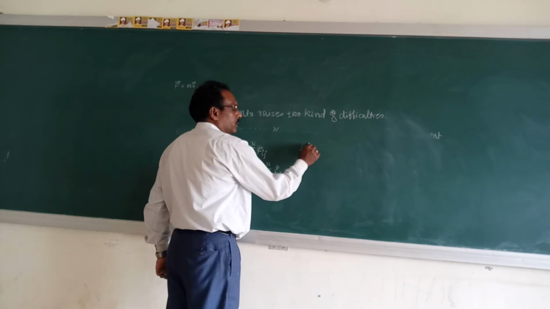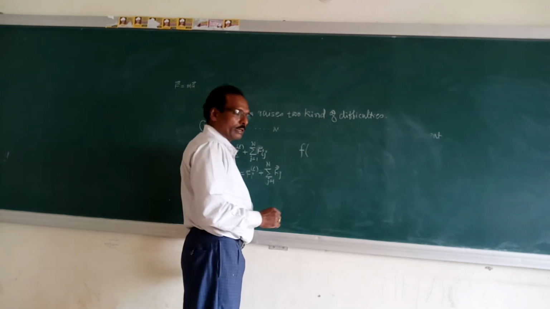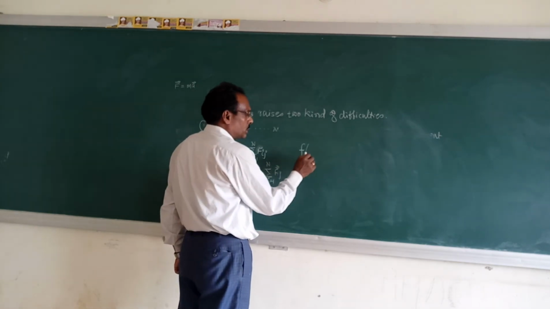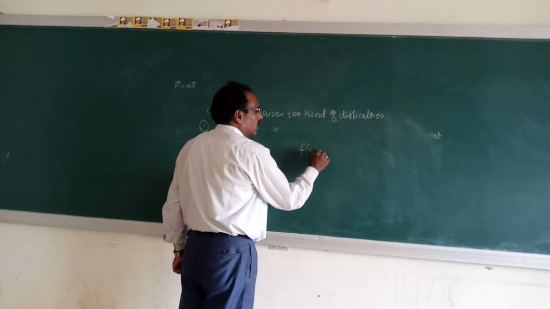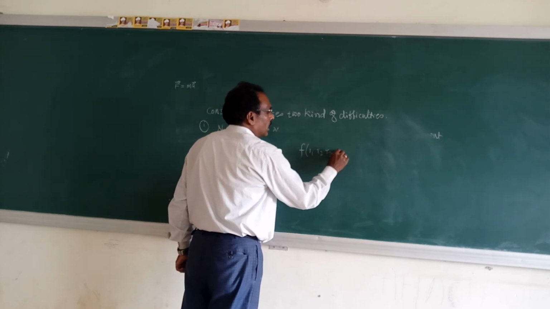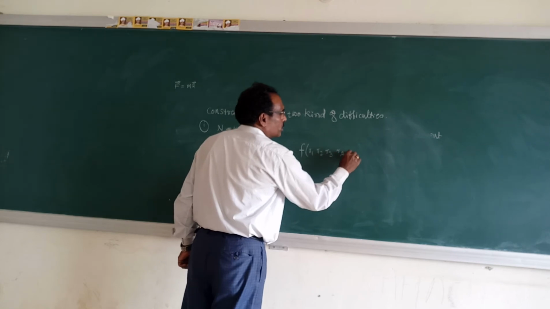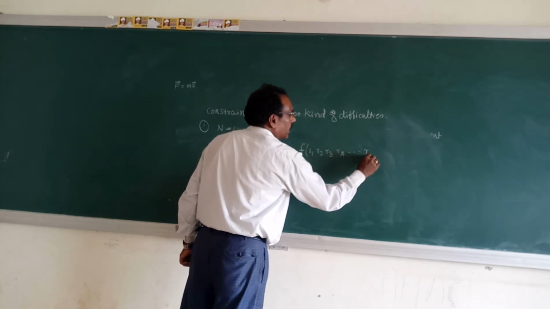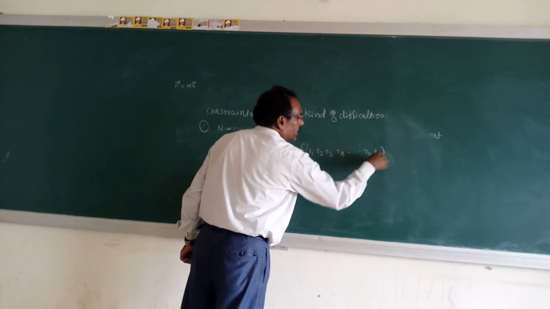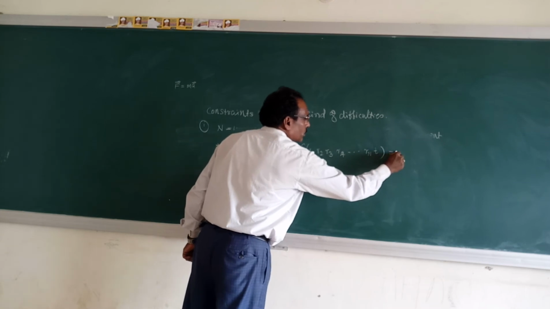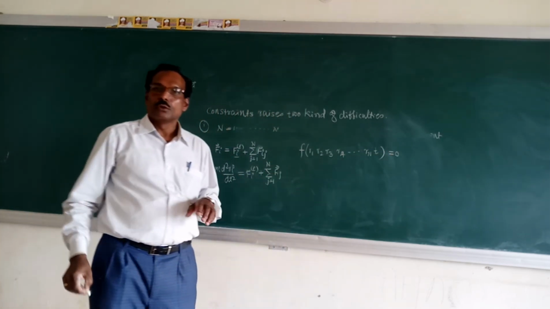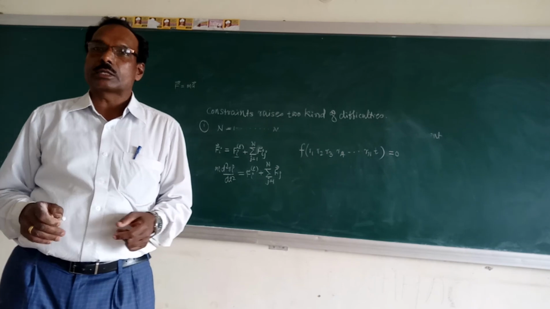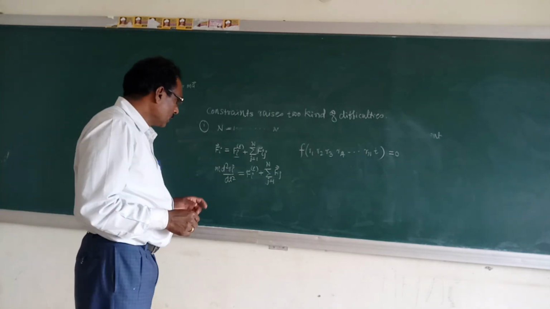That is the equation of constraint, and we have already discussed this: f(r1, r2, r3, r4, and so on to rn, and t) equals 0. This is the general equation for a constraint, assuming the constraints are holonomic.